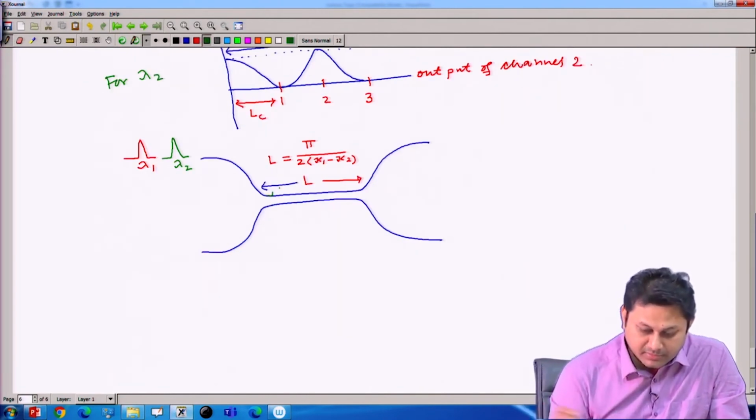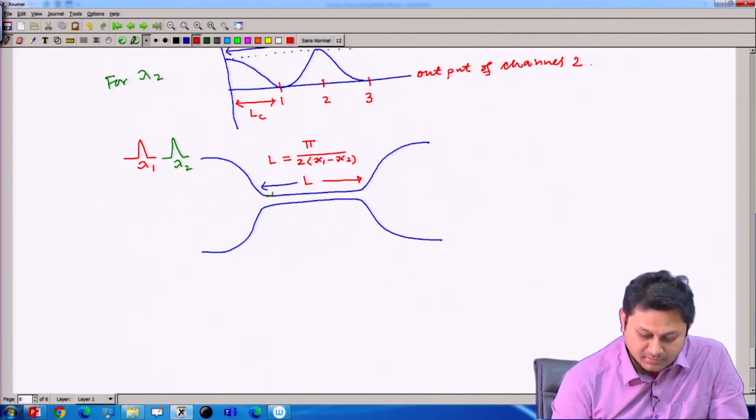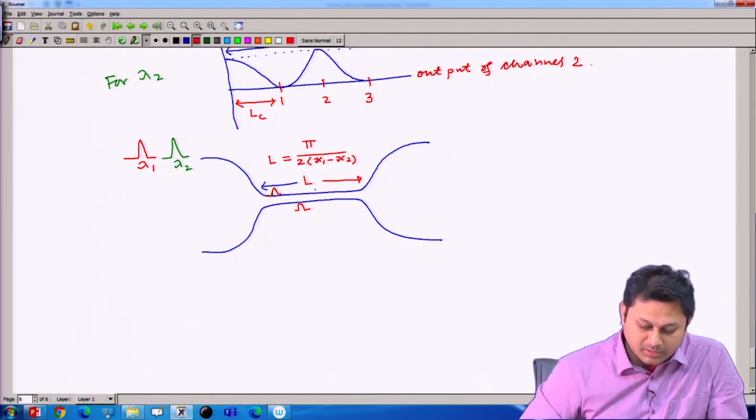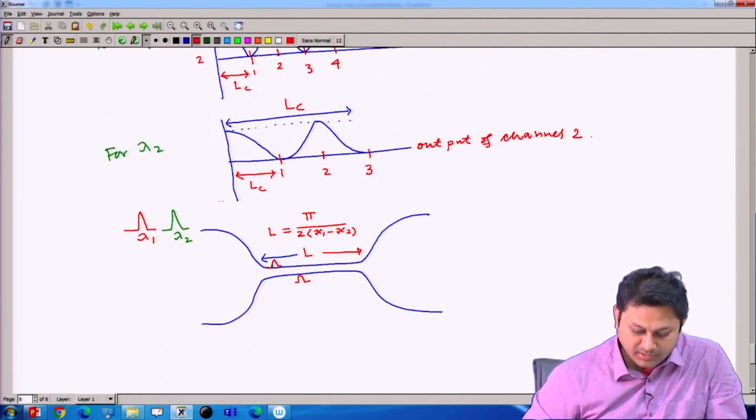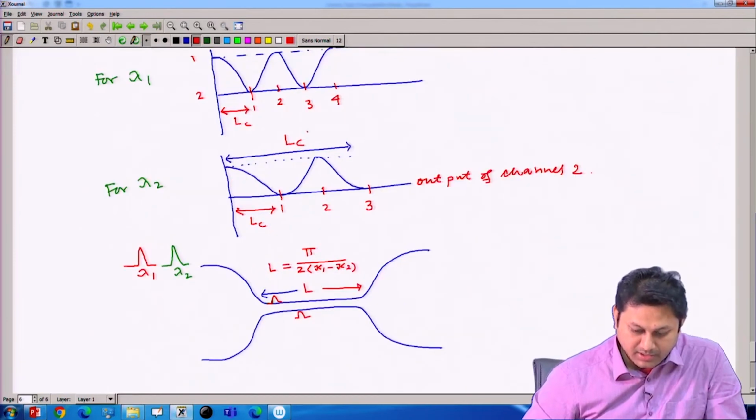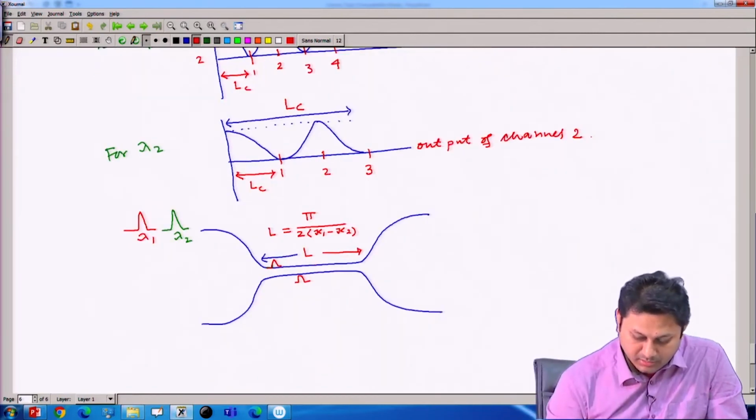Initially it was here, then it should come here, the second point, then initially it was here, then come here, and then again come back to here, again come back to here, and finally I can have this. So, this is 1, this is 2, this is 3, and this is 4th length.